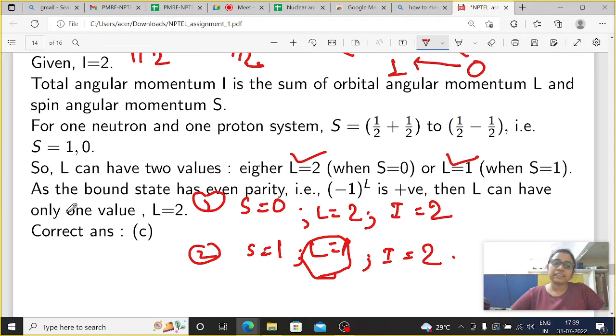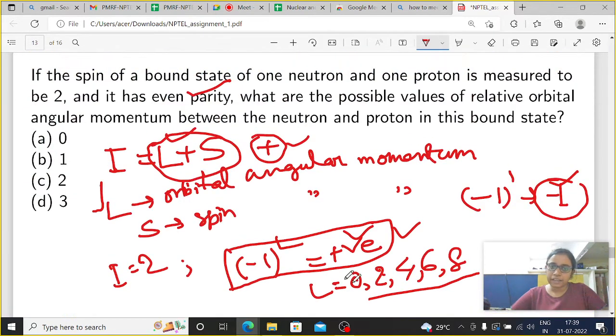So the only value of our orbital angular momentum will be L equals 2, because if I write L equals 2, then minus 1 to the power 2 is a positive number, which gives the even parity of our bound system. And also L equals 2 and S equals 0 give I equals 2, which is given in that question.